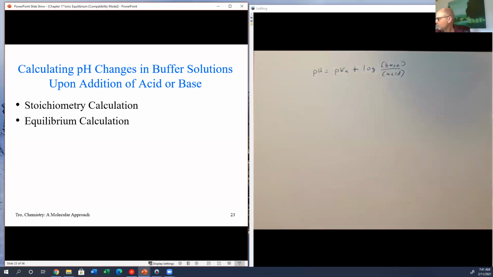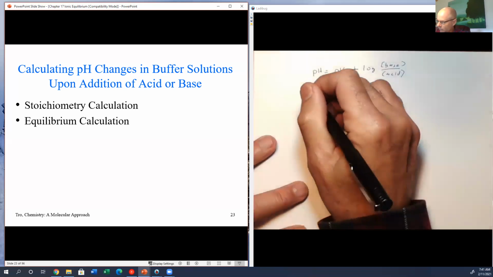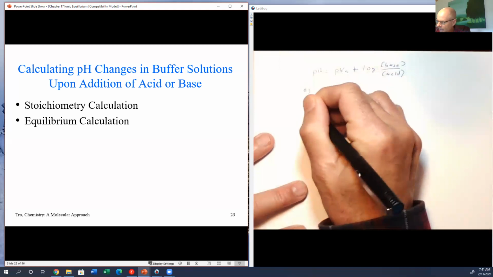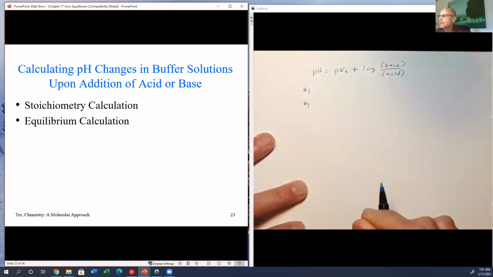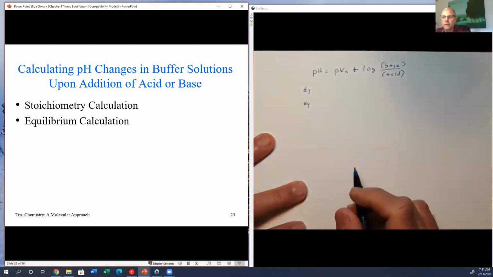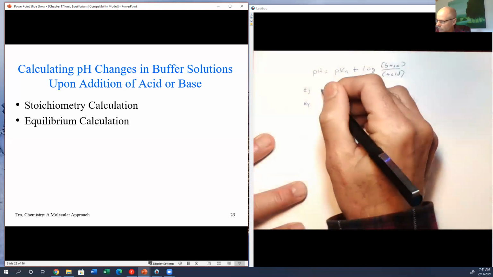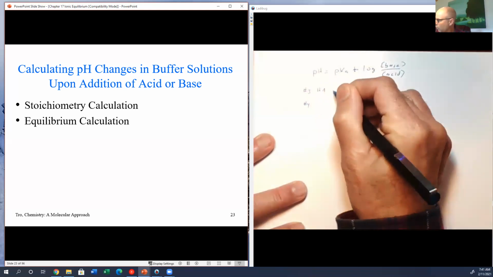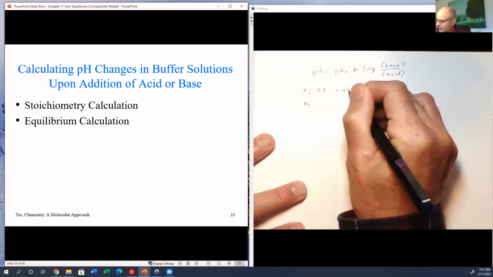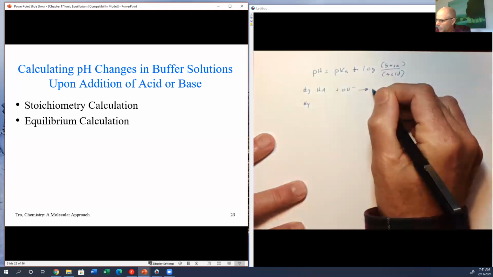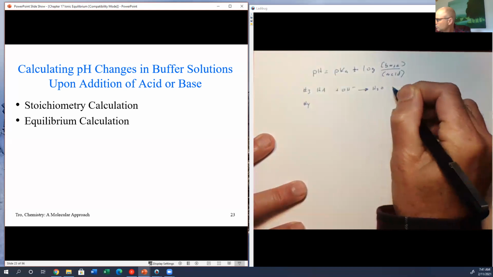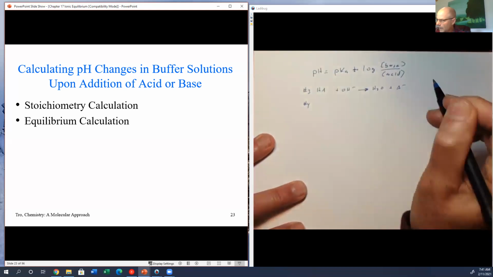Remember last time I gave you a couple equations for how a weak acid in a buffer neutralizes a base, or how a weak base in a buffer neutralizes the acid, right? These equations are the number 3 and number 4 equations of the ones that I told you are going to be very important going forward. So let's just review those. Remember, a weak acid neutralizes an added base by forming H2O plus A minus.